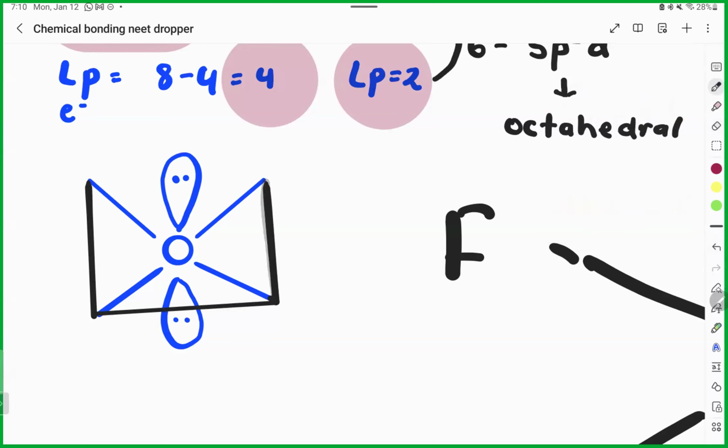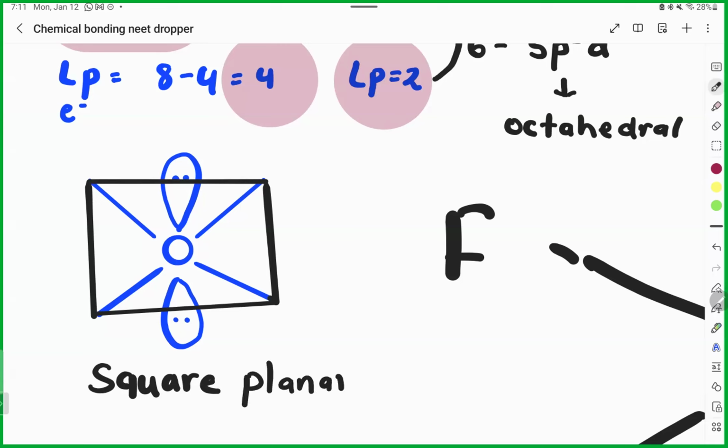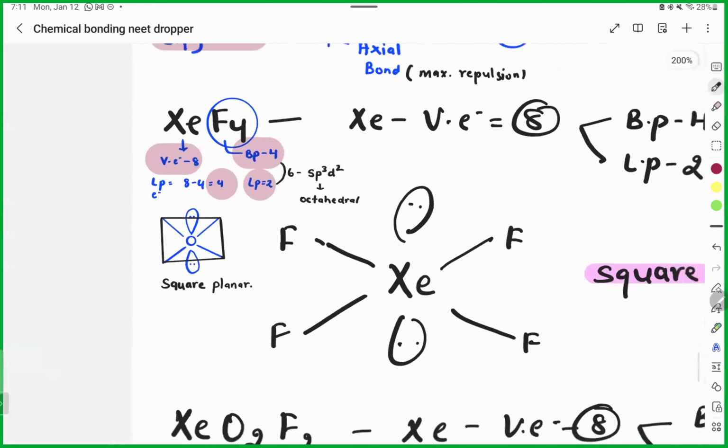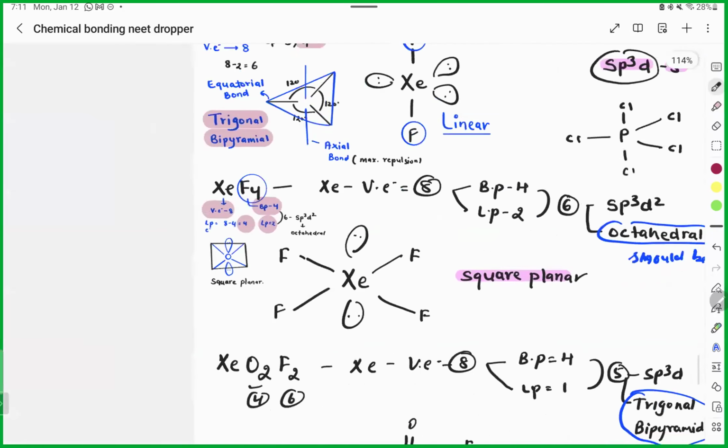Not bipyramidal, because lone pairs do not contribute to the shape. It is square planar. Does it make sense? Yes. Any doubt?